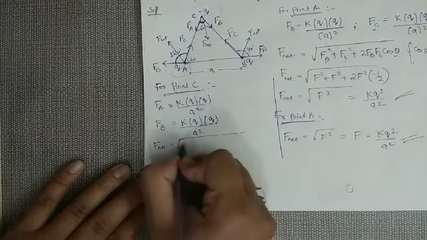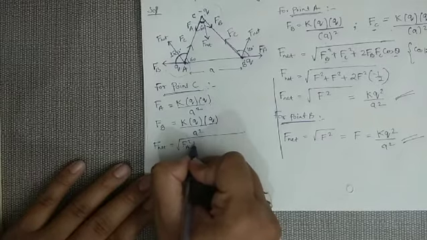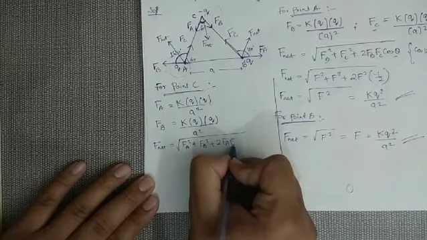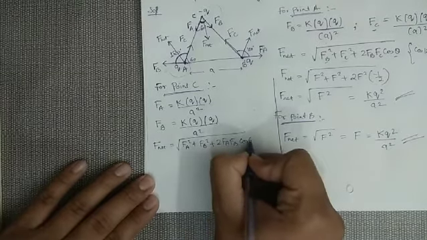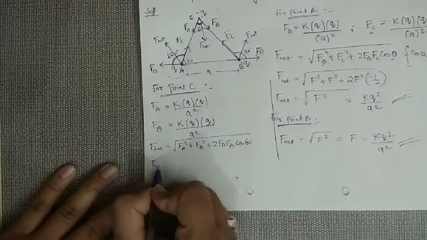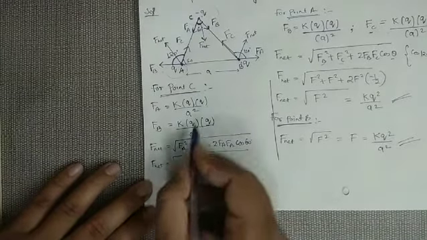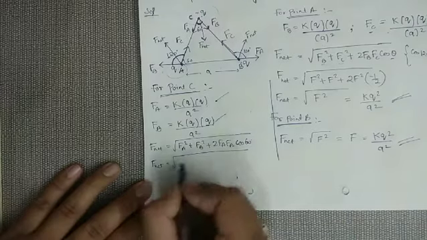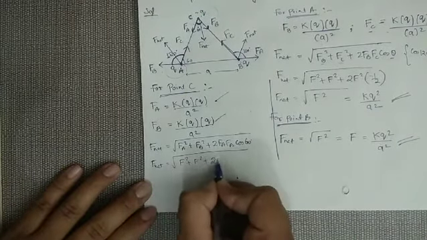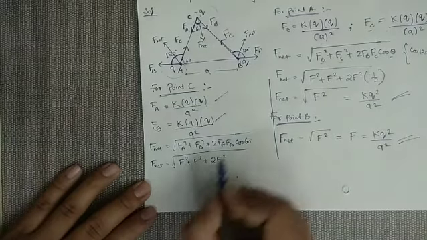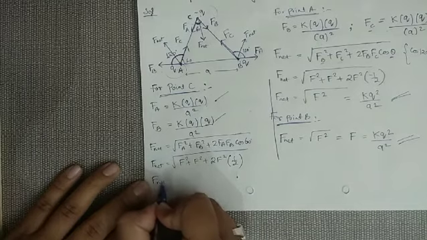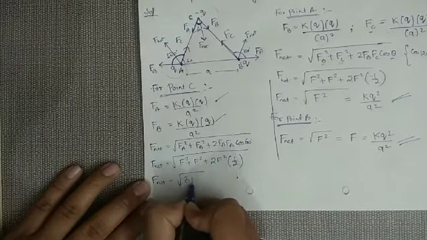So this F net gives you FA square plus FB square plus 2 times first second and cos of the angle between them, that is cos 60. So on solving it, as we know FA and FB are equal, so consider it to be F. So F square plus F square plus 2 times F square, the value of cos 60 is 1 by 2. So you will get root 3 times F square.